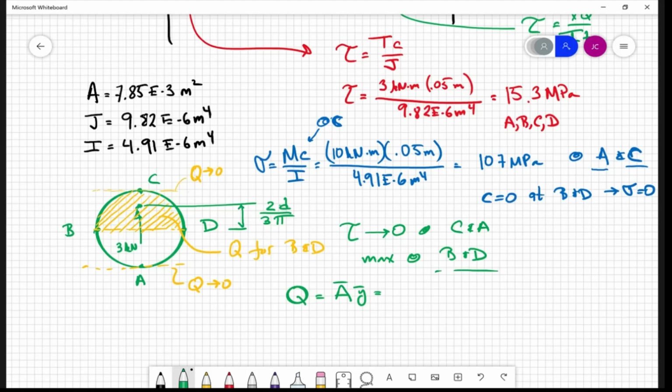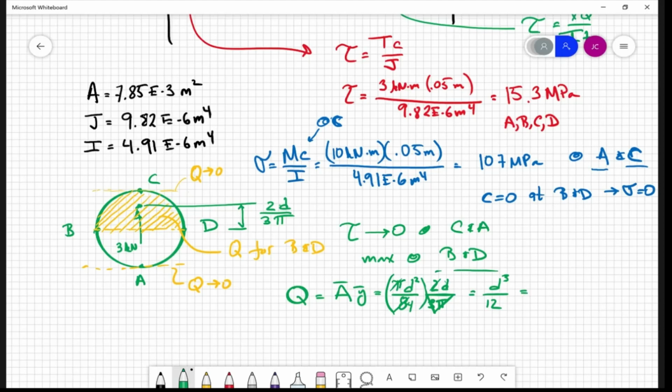So it's pi times the diameter squared over 8, because it's half the circle area. And then y bar is going to be 2d over 3 pi. The pi's cancel out. This 2 will make this one be a 4, and that leaves us with d cubed over 12, right? 3 times 4 is 12.